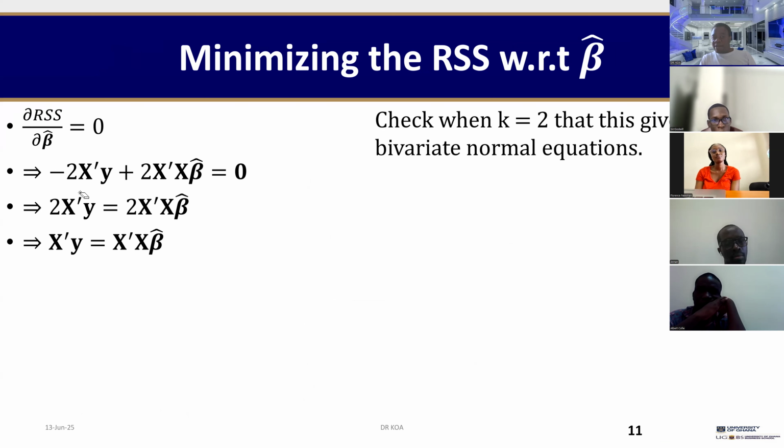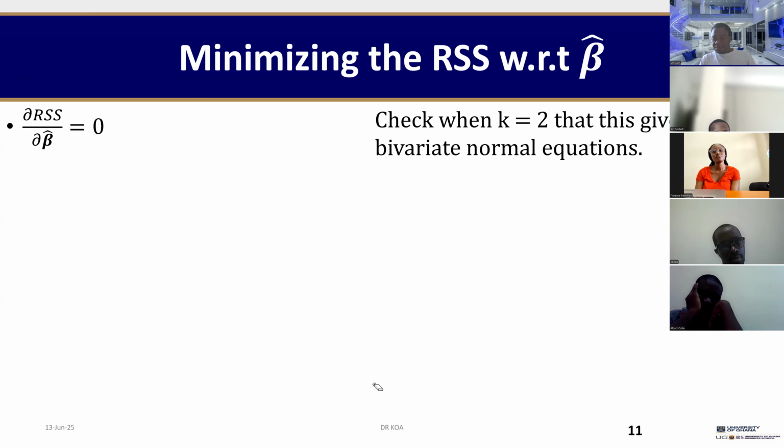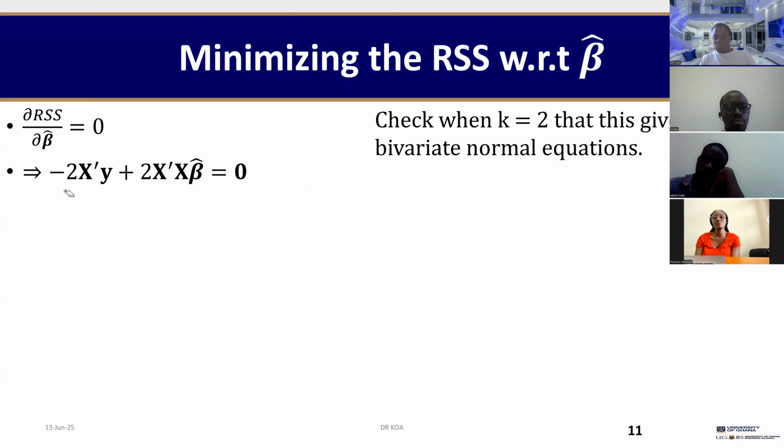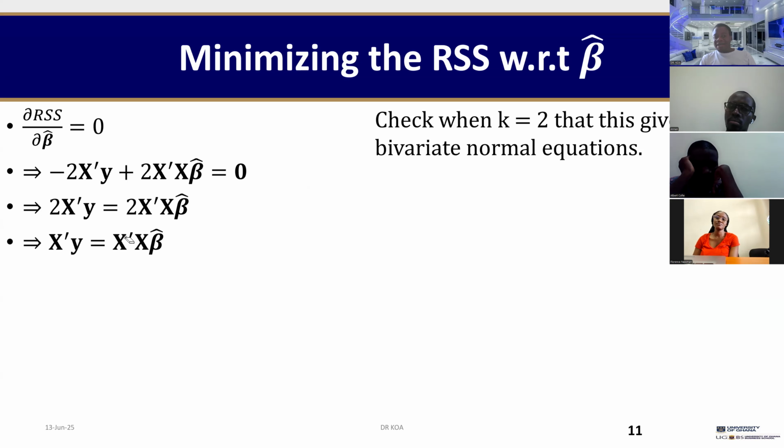Because remember, anywhere there is beta, you're going to address it. And there is beta here, in this middle one, and there is beta in the latter one here. There is no beta in the first part. That is why this part here is set to 0. Okay. We set them to 0, and then we can now group like terms, and we can move this one to the right-hand side, equate the two, and then we can divide both sides by this.